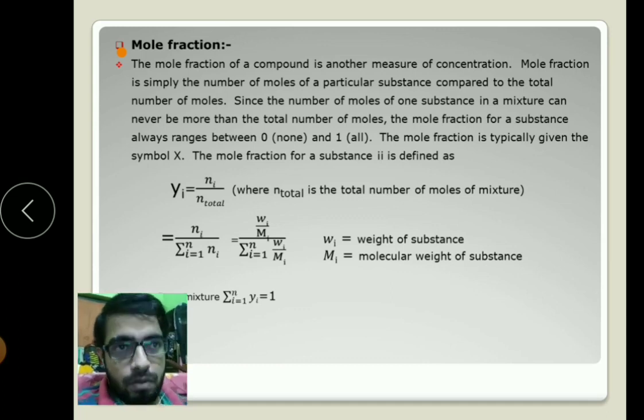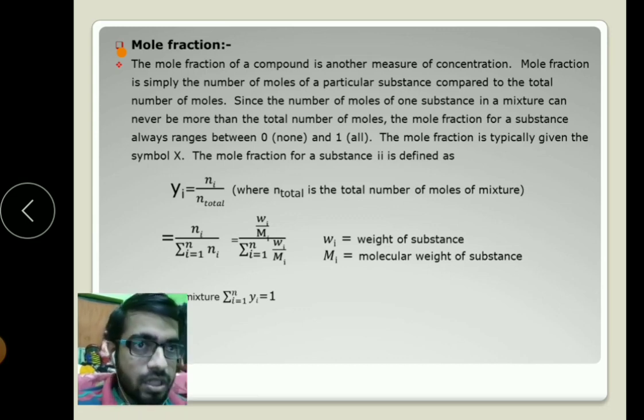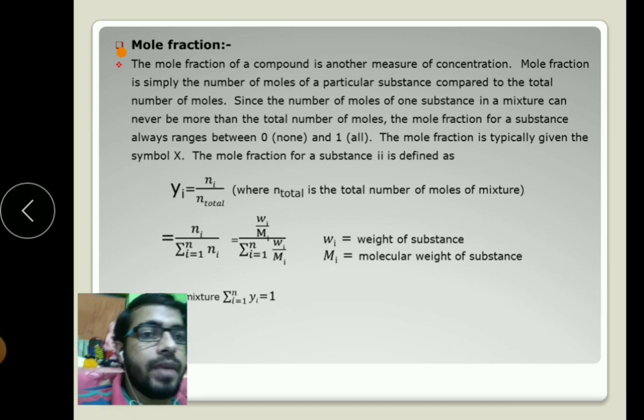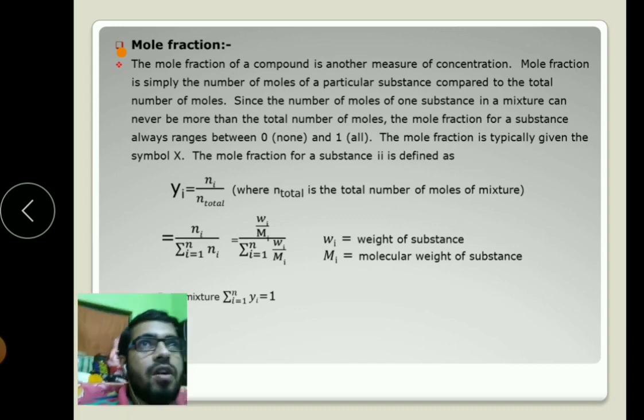So in the definition we can say the mole fraction of a component is a measure of concentration. It is also one kind of concentration. Mole fraction is simply the number of moles of a component divided by the total number of moles. Mole fraction varies from 0 to 1. Suppose we have a mixture of oxygen and nitrogen and we want to find the mole fraction of carbon dioxide.